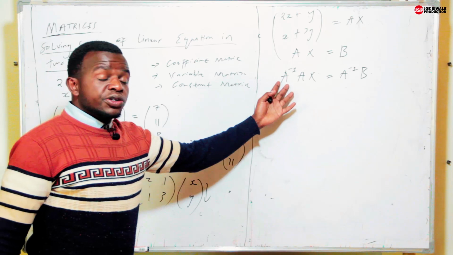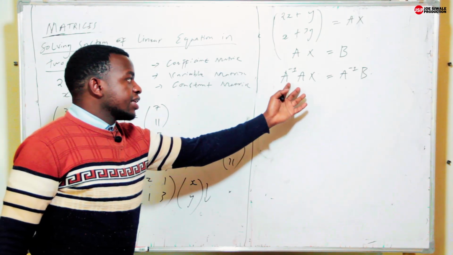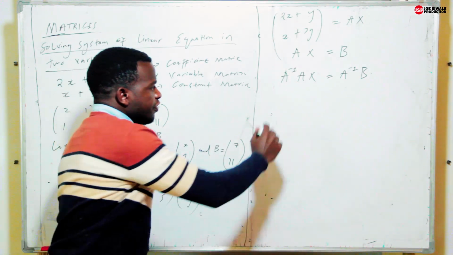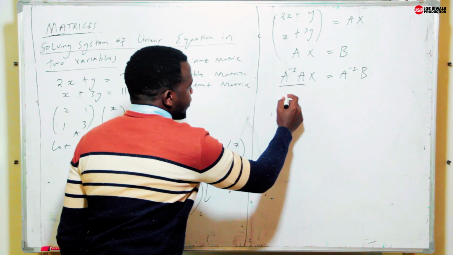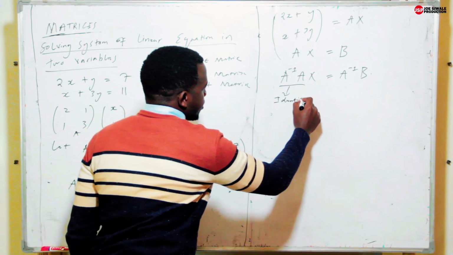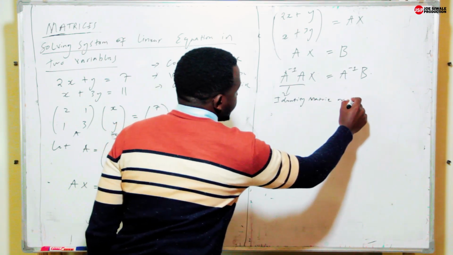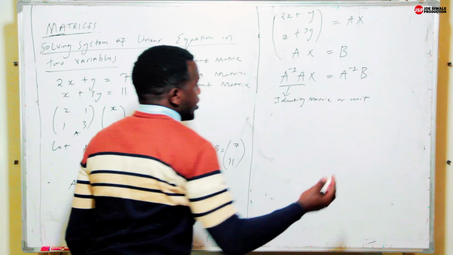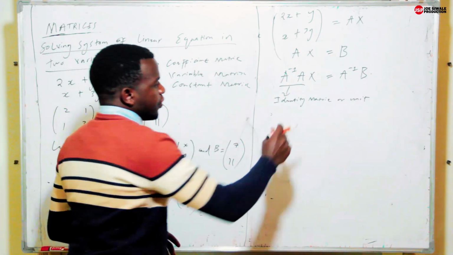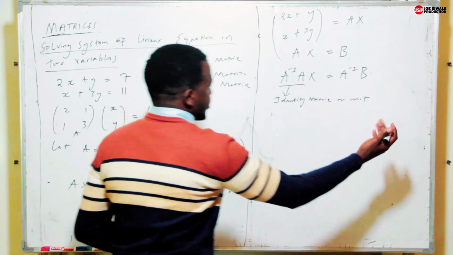And I've said that we are introducing the inverse in our equation so that we can cancel out matrix A. And if we multiply these two, they are going to give an identity matrix, or unit matrix. And when you multiply the identity matrix with this x variable, we're going to get the x variables.